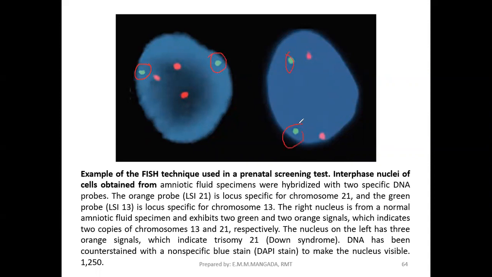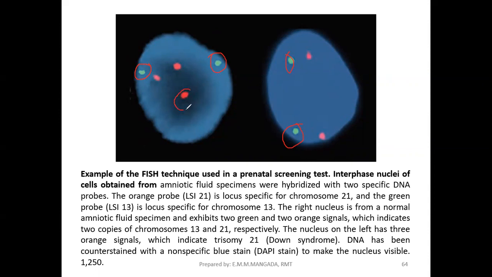Yung orange naman ay yung kulay ng inyong rhodamine. Dinedetect niya ngayon yung ating nucleic acid sequence para sa chromosome 21.